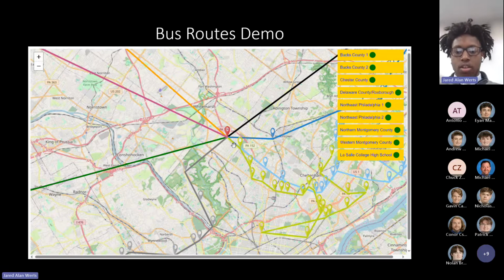When you click on the marker, it provides four major properties: the name of the stop, the region of the stop, the pickup, and the drop-off times. These are for prospective parents and people who are interested in using LaSalle's private bus routes.